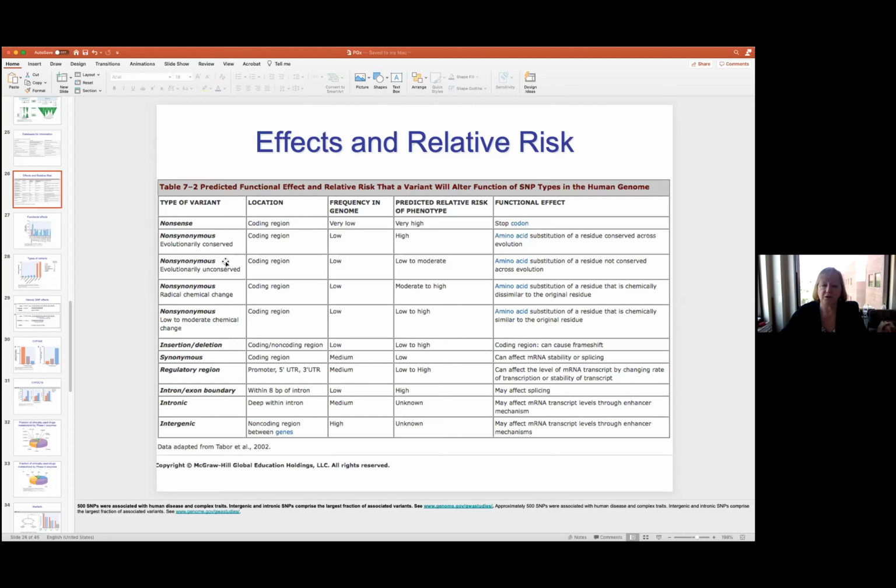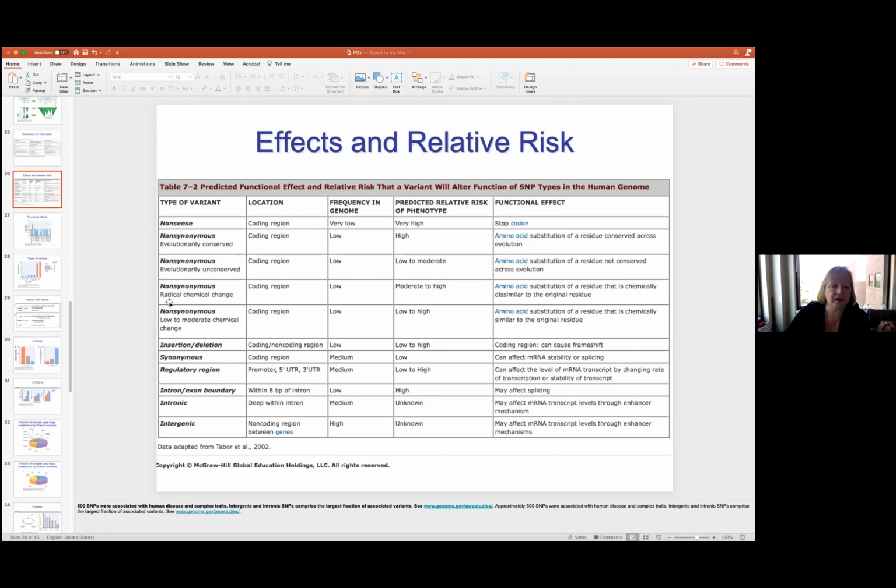But when you have a non-synonymous change that is evolutionarily unconserved, if it's not conserved very well across evolution, the likelihood is that it's not going to have much of a phenotype risk to it. But if you have a radical chemical change in the coding region and a very, very low frequency, now you're going to have a relative risk that is high, the high risk that the amino acid substitution is going to change the activity of the protein that you're looking at.